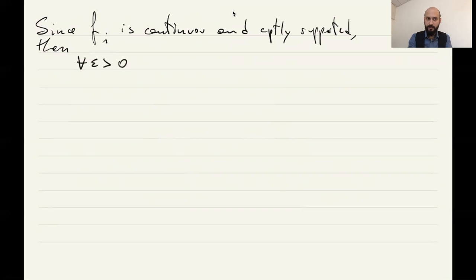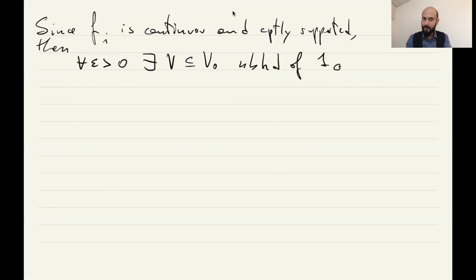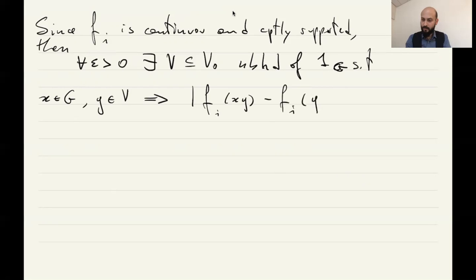For any epsilon greater than 0, there exists V, and we can even choose it inside V0, a neighborhood of the identity, such that if you take any x in G and any y in V, then the difference between f(xy) and f(yx) is less than epsilon. Let's call this equation with the star.